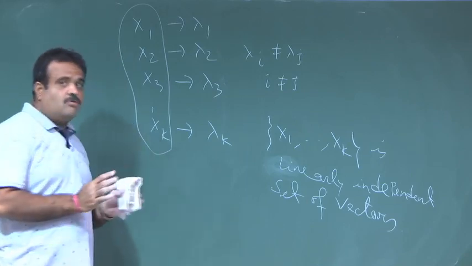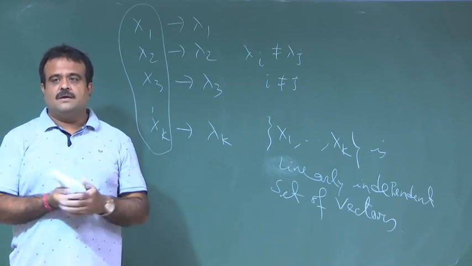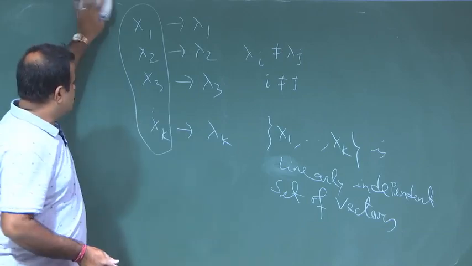Now we are going to define the geometric multiplicity of an eigenvalue. For that we need to bring in the vector space and subspace.